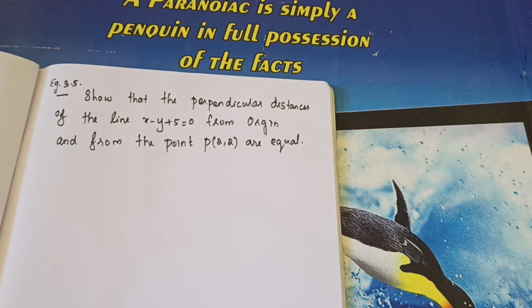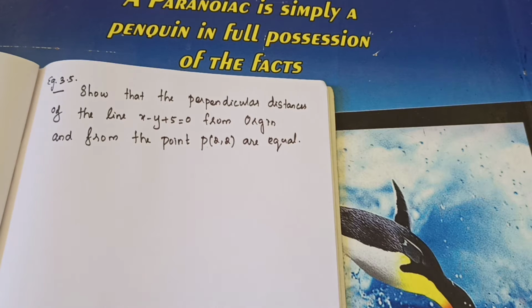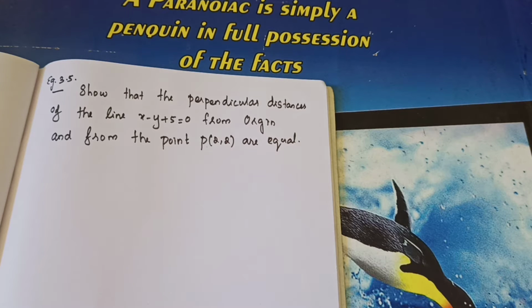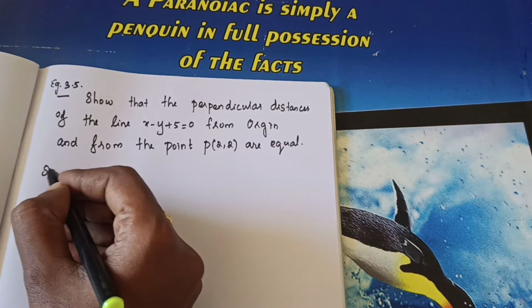Show that the perpendicular distances of the line x minus y plus 5 is equal to 0 from the origin and from the point P of 2 comma 2 are equal. So for the origin and for the point we have learned the formulas. Both the answers we need to prove are equal, so you will use both formulas here.